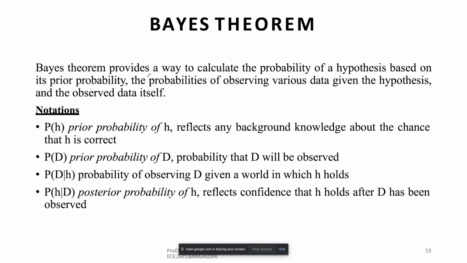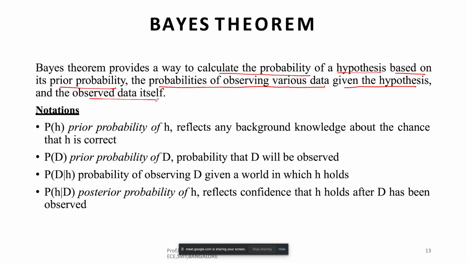So Bayes theorem provides a way to calculate the probability of a hypothesis based on the prior probability, the probability of observing various data given the hypothesis, and the observed data itself. See, there is a lot of difference.